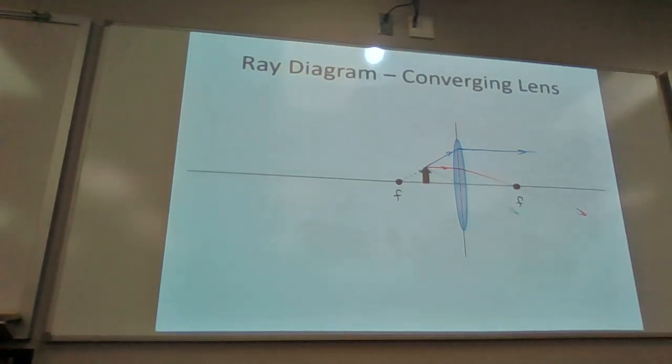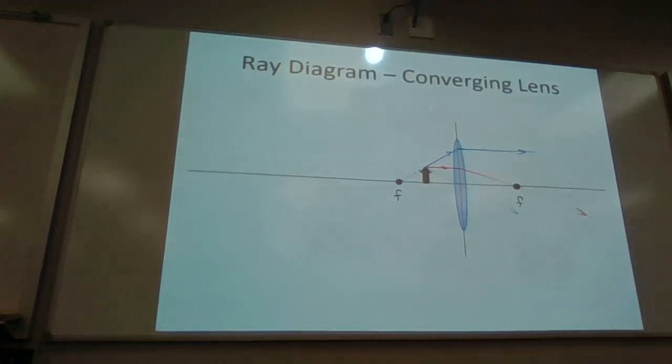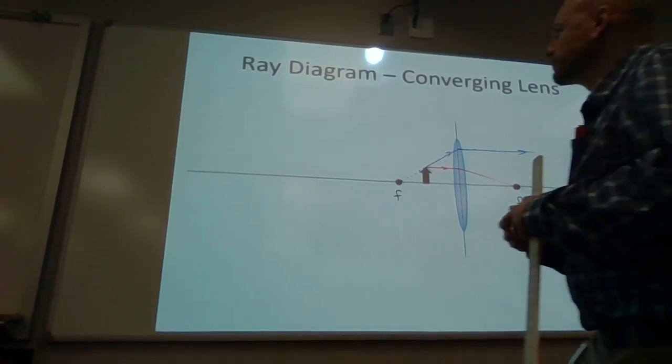Are we good? Straight through. What do you observe? What do you notice? There's no intersection. So what do we do?